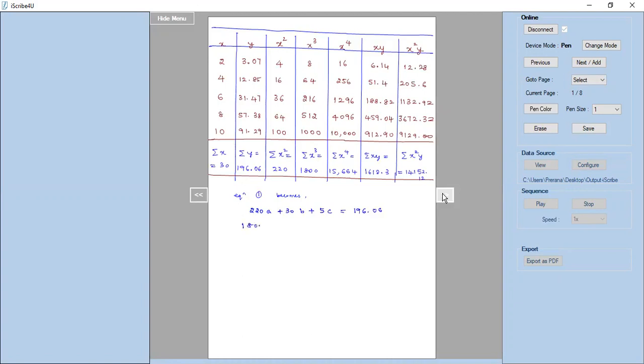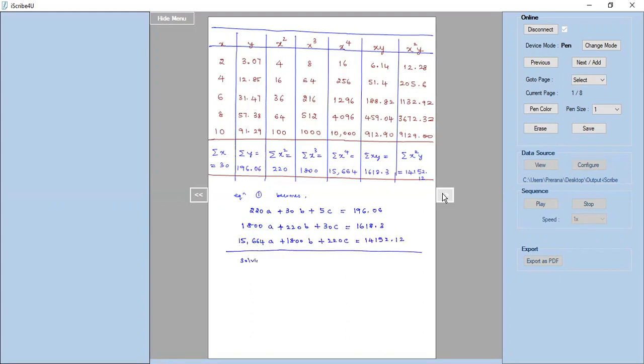Second equation, 1800A plus 220B plus 30C is equal to 1618.3. And the third equation, 15,664A plus 1800B plus 220C is equal to 14,152.12.